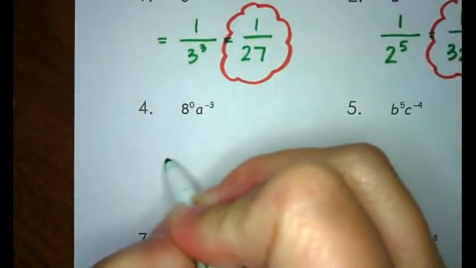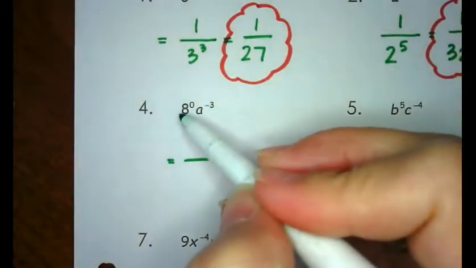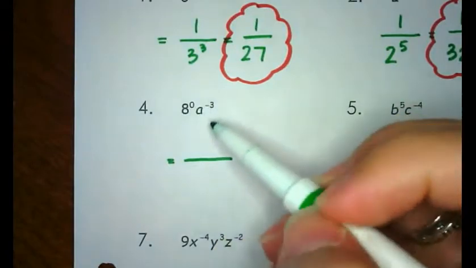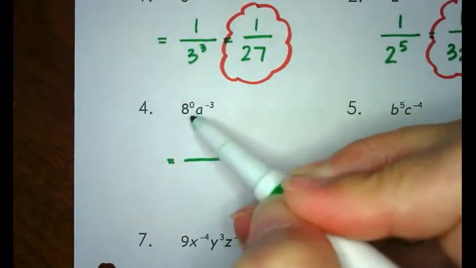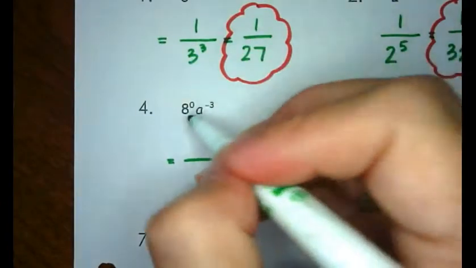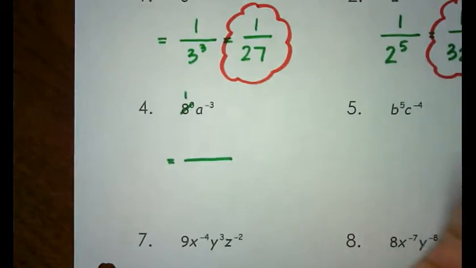I'm going to go ahead and draw a fraction bar there. So 8 to the 0 is happy because 0 works as a positive in this case. But not only that, anything to the 0 power is 1. So this right here is the same as 1, and that would be 1 to the first, which is positive.